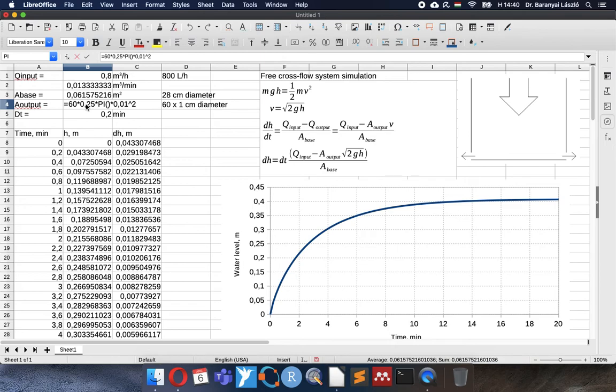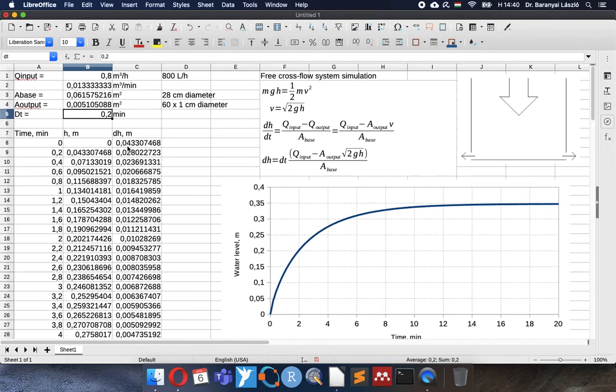Actually, we have to modify how many holes we make. For example, if I just increase to 65 holes, not 60, 65 holes, we can see that already around 35 centimeter is the steady state level.